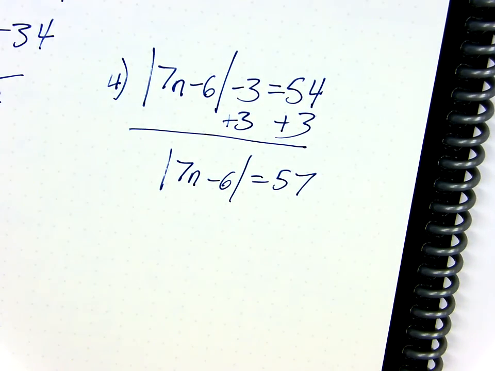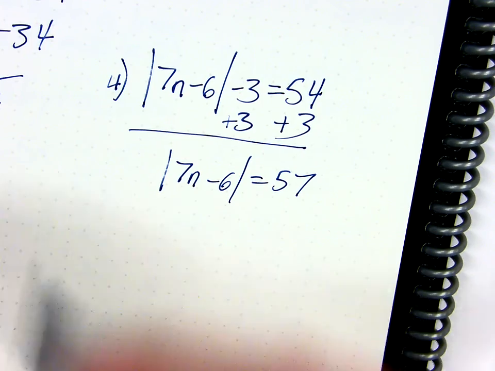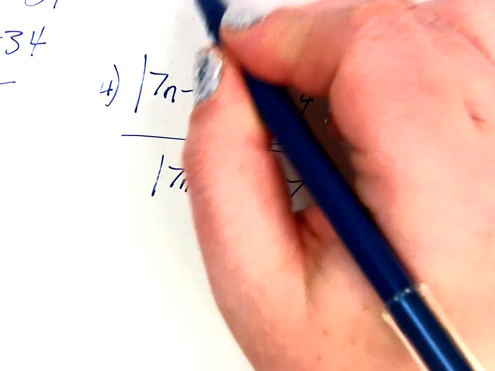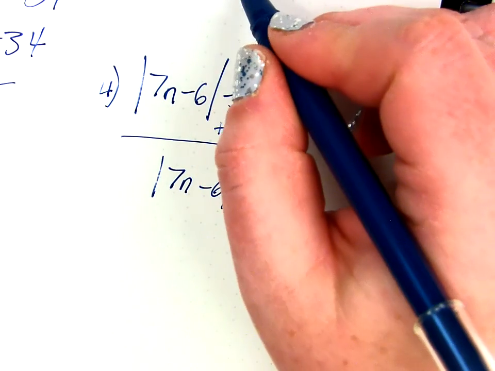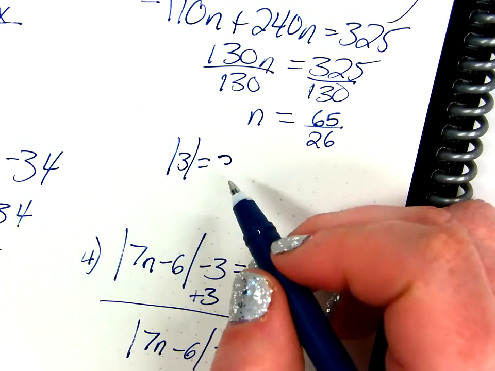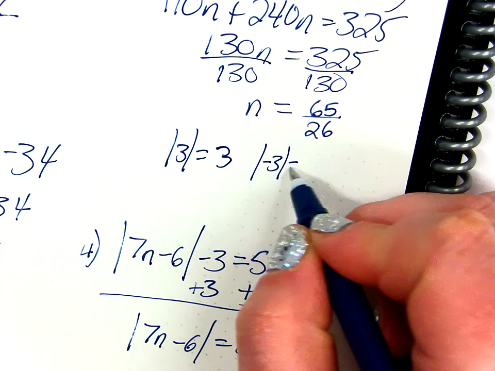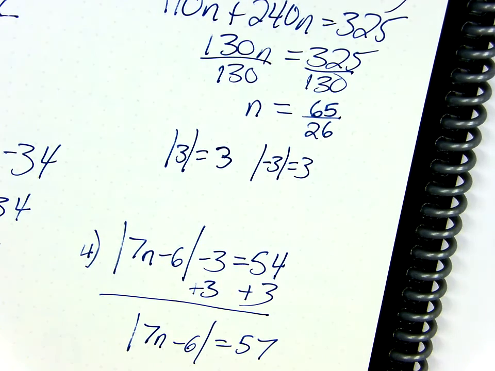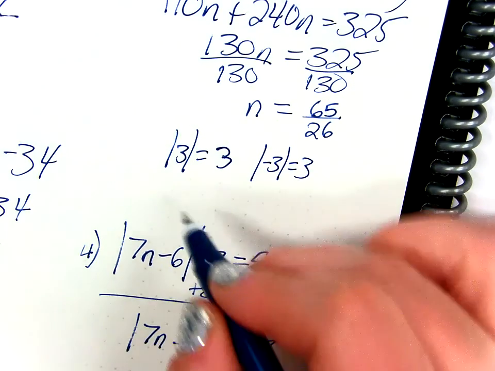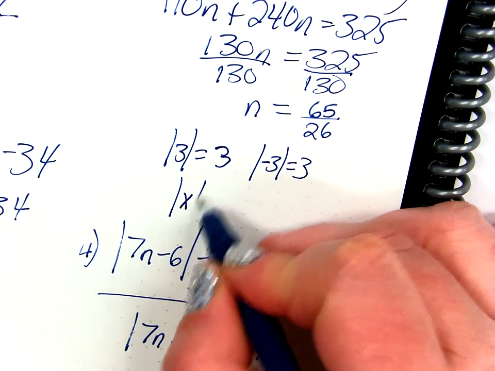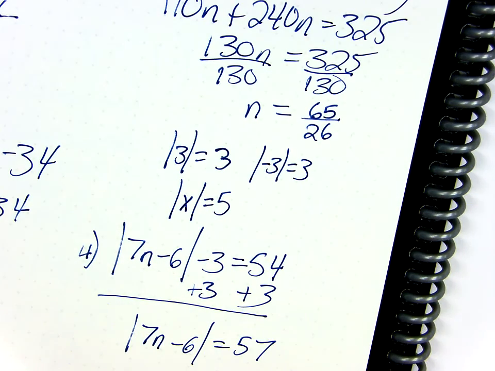Now, before we keep going, you remember what absolute value is, right? It's how far a number is away from 0. So if I ask you what's the absolute value of 3, of course it's 3. And likewise, the absolute value of negative 3 is also 3, because they're both 3 units away from 0. So if I ask you this, the absolute value of what is 5, let's say?